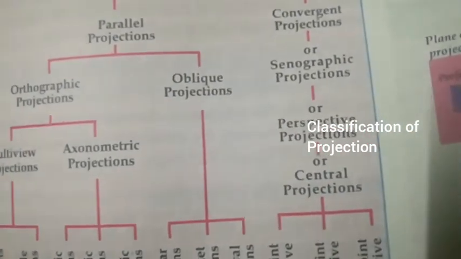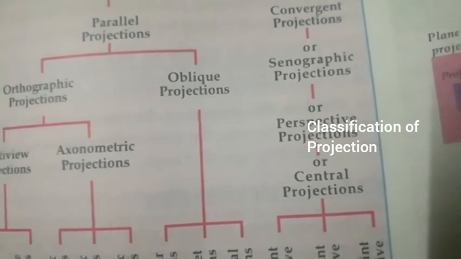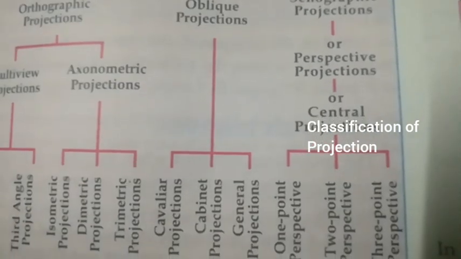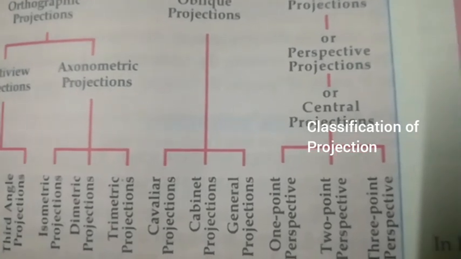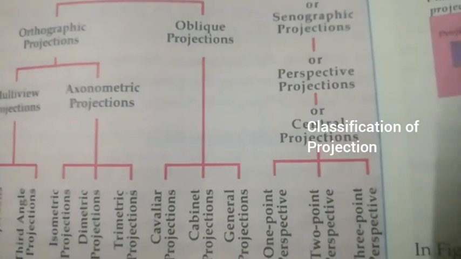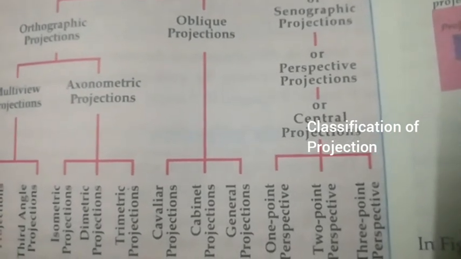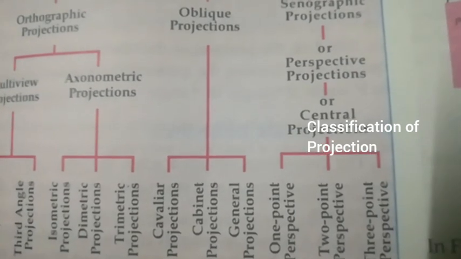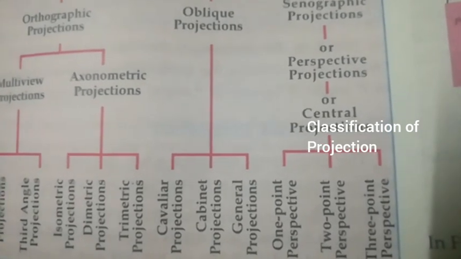In the case of convergent projection, or scenographic projection, or perspective projection, or center projection, simply we need to think that convergent projection means perspective projection. Perspective projection can be 1 point perspective, 2 point perspective or 3 point perspective.